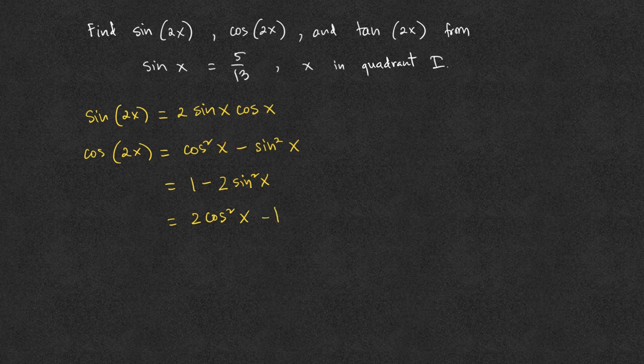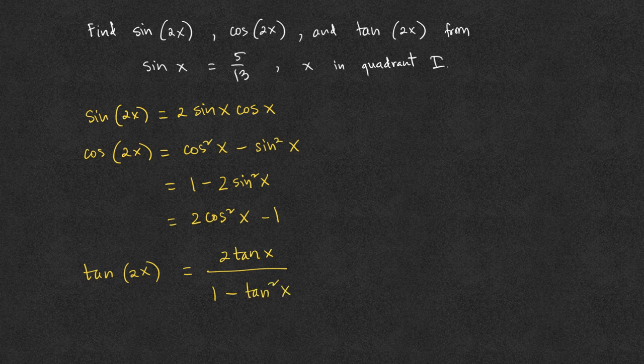Any of these three versions will work for cosine of 2x. And tangent of 2x is 2 times tangent of x over 1 minus tangent squared of x.